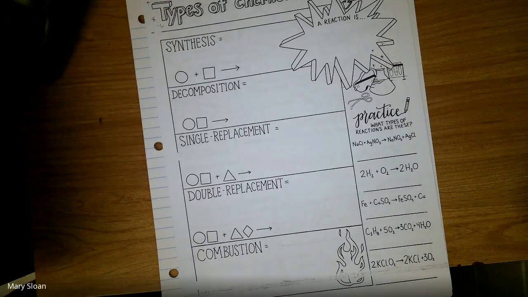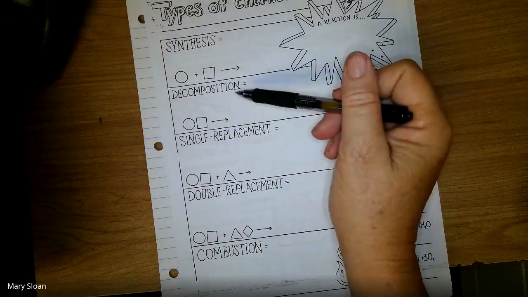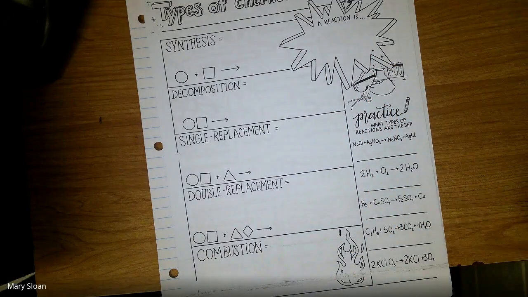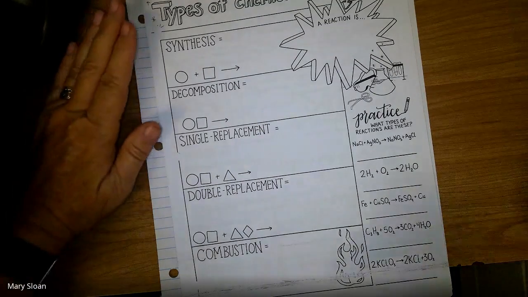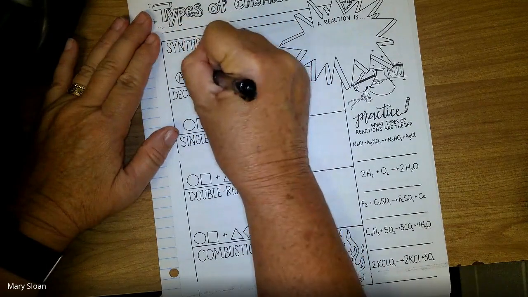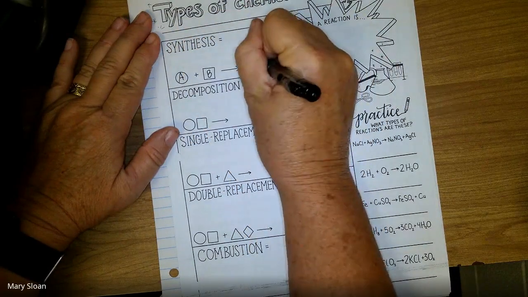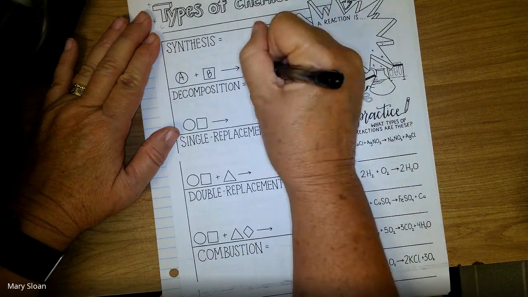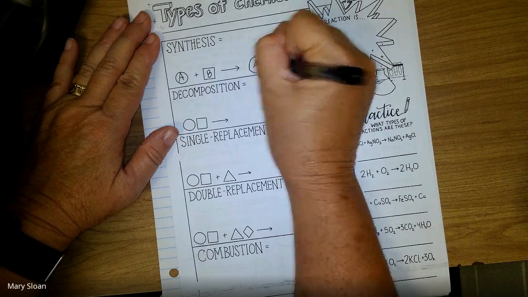So we have synthesis, decomposition, single replacement, double displacement, and combustion as the 5 types of reactions. Okay? So for synthesis, you have A plus B equals AB.